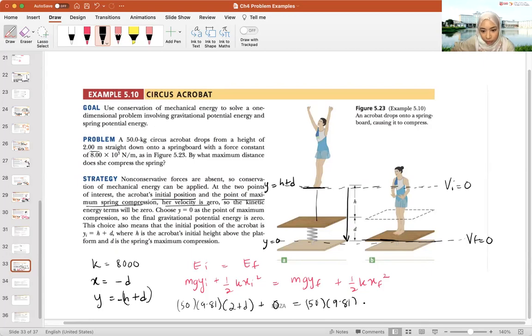G is 9.81 and the y final, we know, we define this final point as 0. Okay, this was the strategy. And plus 1/2, 8,000. And the x final is minus d. Not h plus d, it's just d, because the spring's displacement is only minus d.